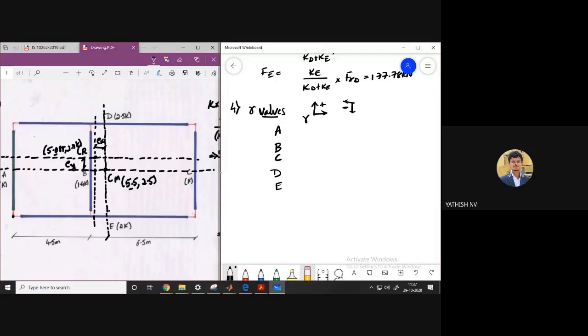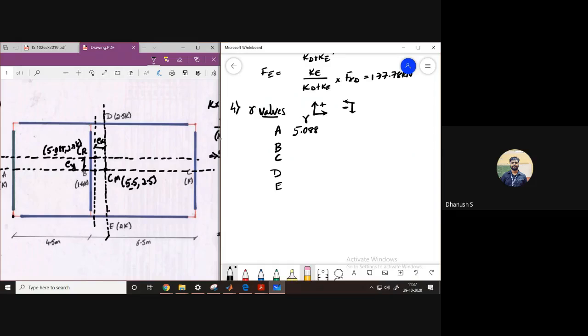R is the distance from that wall, the mid of the shear wall, to the center of rigidity. The center of rigidity is at a distance of 5.088. So R is 5.088.